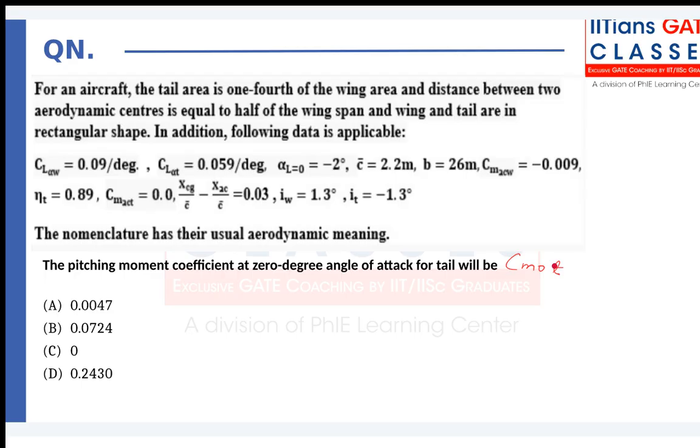They've asked for CM not tail, okay? So at 0 degree angle of attack. Again, just go refer to those equations in the first slide and the CM not tail.